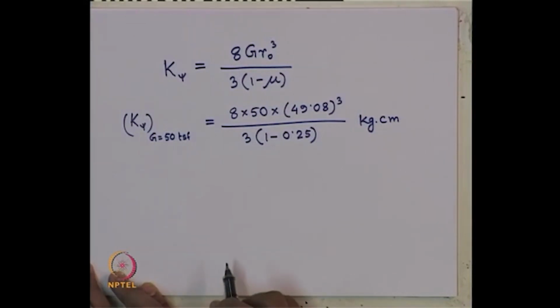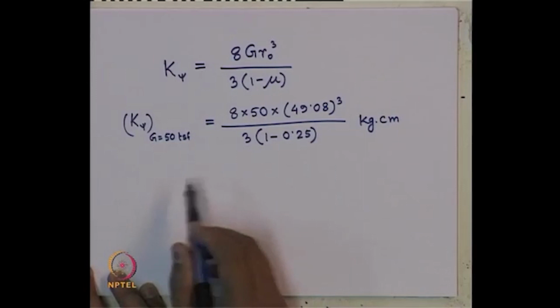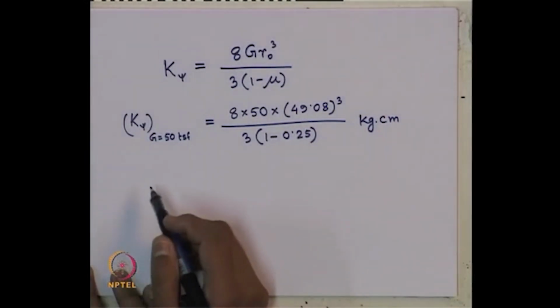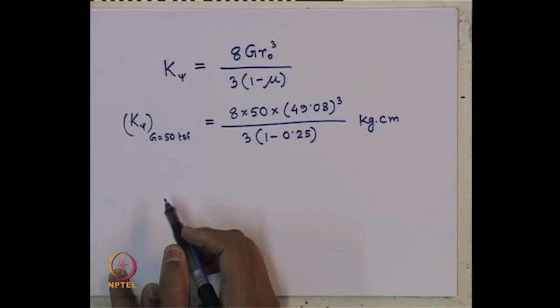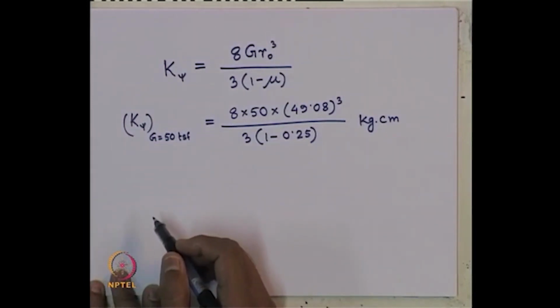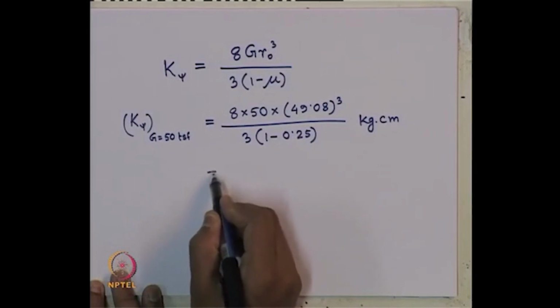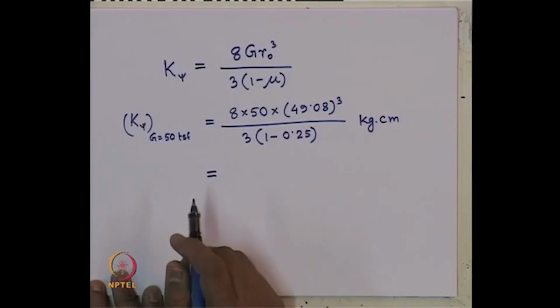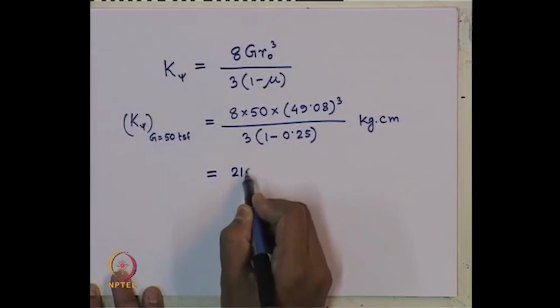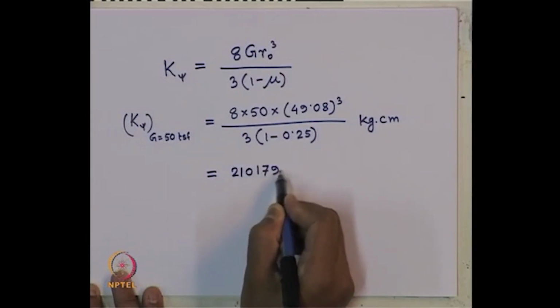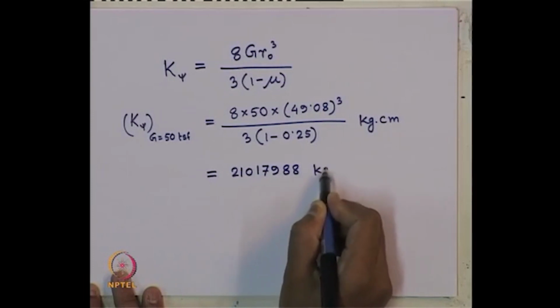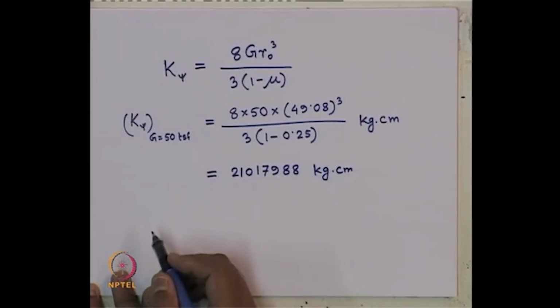Unlike earlier, the unit of k was kg per centimeter, because that was linear spring, whereas these are rotational spring. Okay. So, note it that the unit has changed now, because these are rotational spring constant, not the translational spring constant. So, how much we are getting for this first type of soil? 21017988. So much of kg centimeter.